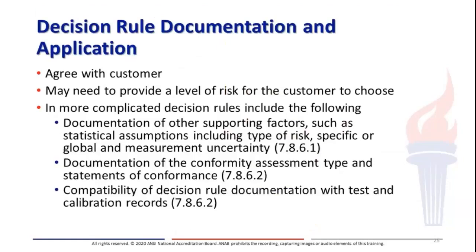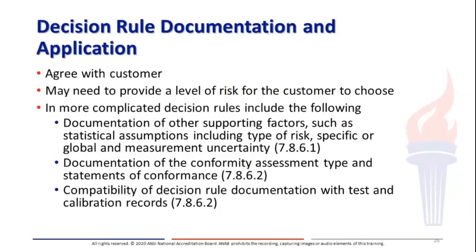Decision rule documentation and application. I've said it a few times, and it's extremely important. If there's anything that we take away from this webinar, it's that the situation has to be defined, documented, and understood between all parties.